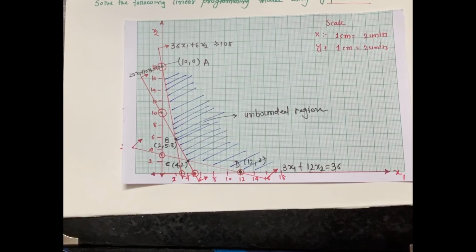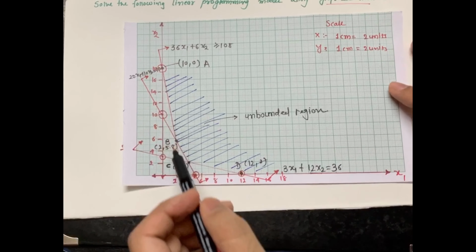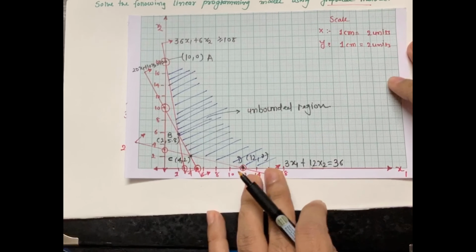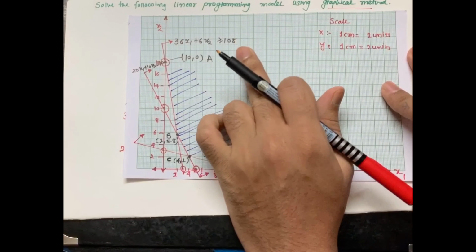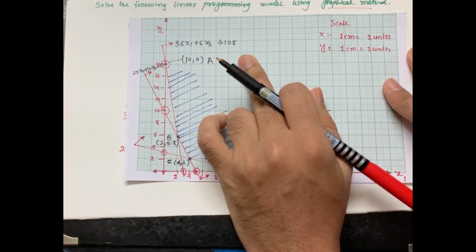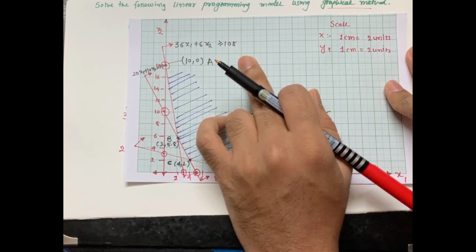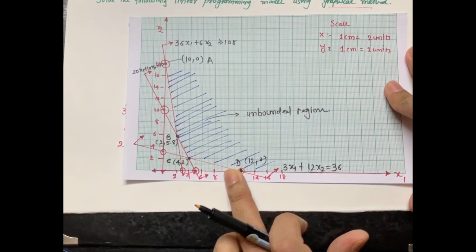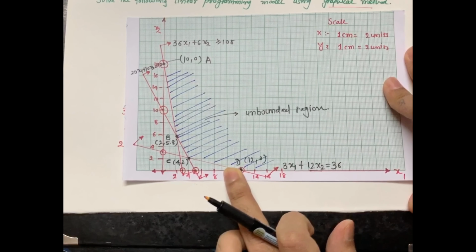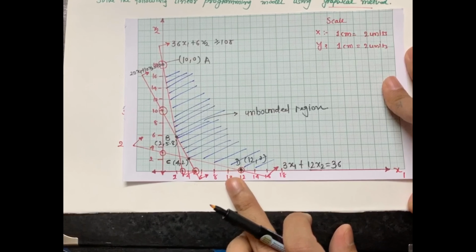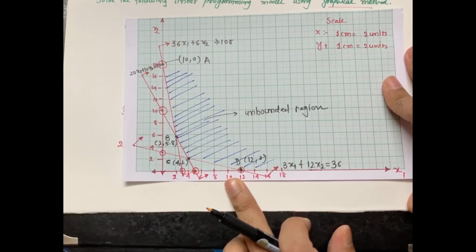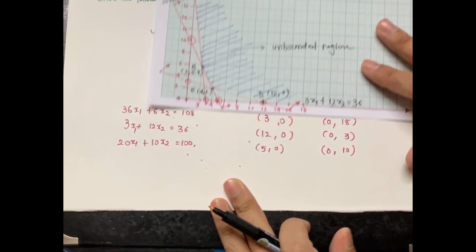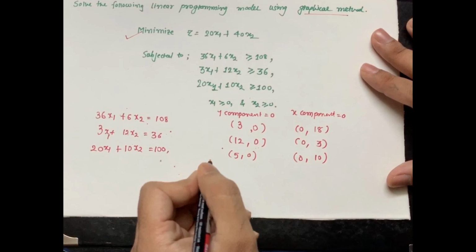So I have got 4 points, A, B, C, D. As the case is of minimization type, I require to put these 4 coordinates back into the objective function, and I have to see which particular point gives me the minimum value.